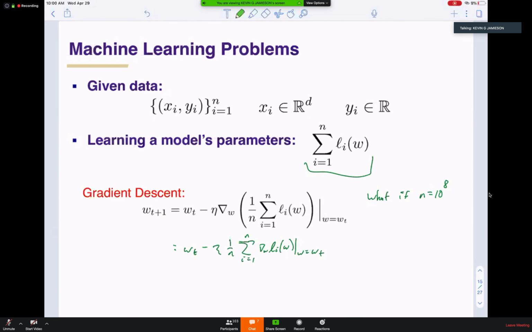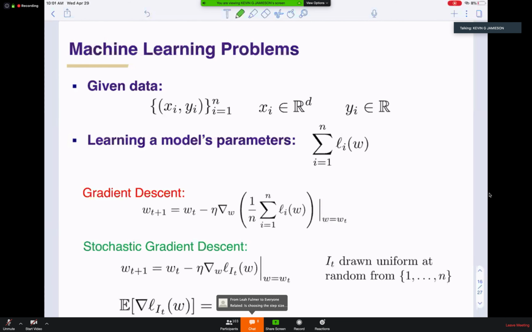What I mean by that is if I had 100,000 people or 100 million people, and they all had their own loss function, and I wanted to take the gradient of all of them, what I can do is a thing called stochastic gradient descent. How this works is that at each step of my iteration process, instead of W_{t+1} equals W_t minus the gradient over all data points, I'm just going to select one of my loss functions uniformly at random.